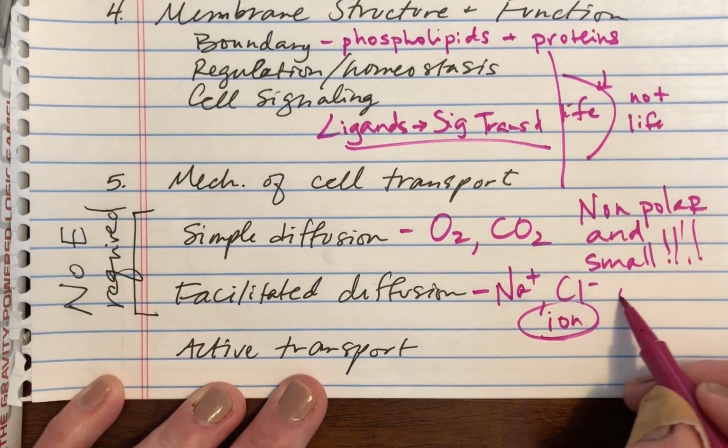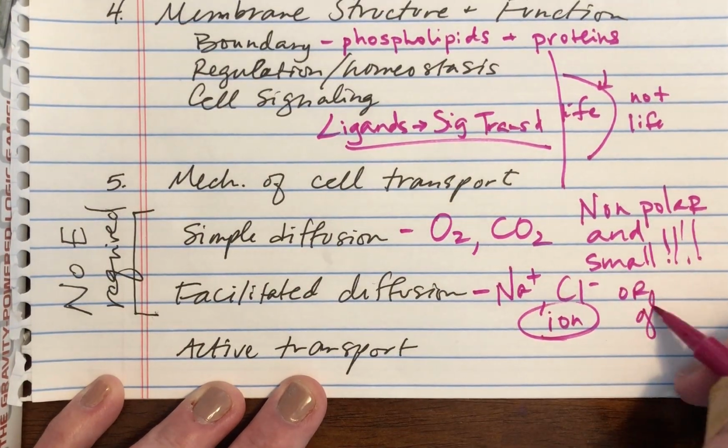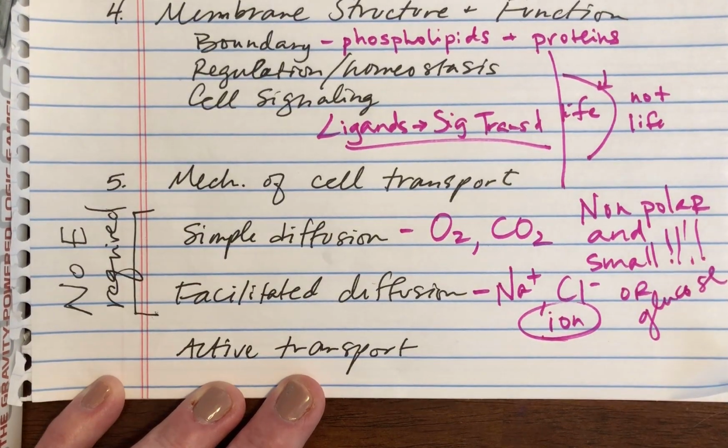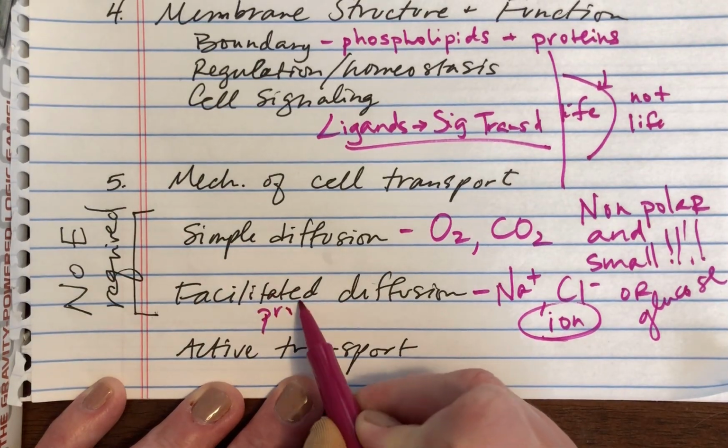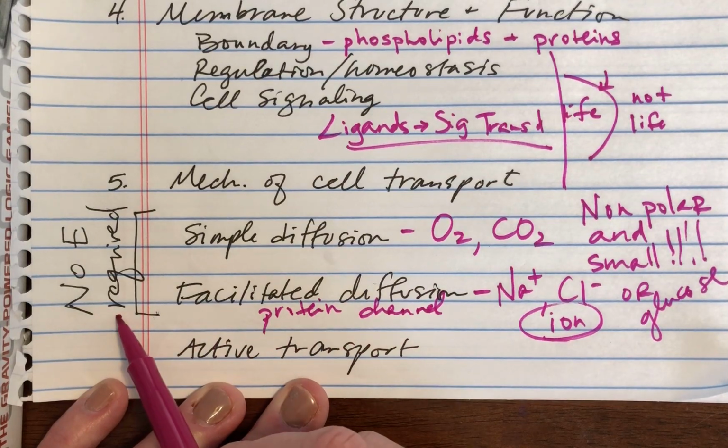Okay? Or you're big and polar, like glucose or sucrose, okay? Not going to get across the membrane directly. Going to have to go through a protein channel. Guess what? No energy required. Why? High to low concentration, boys and girls.